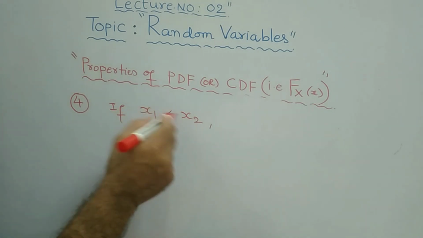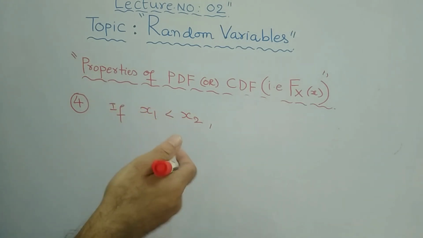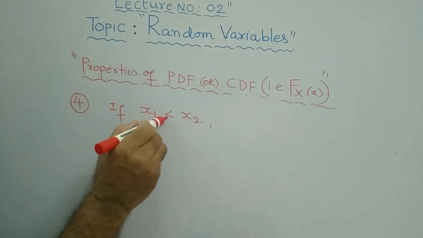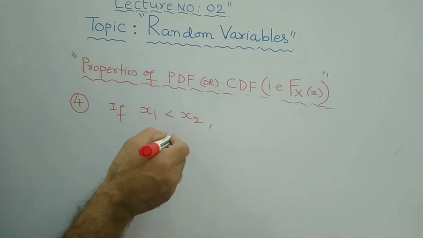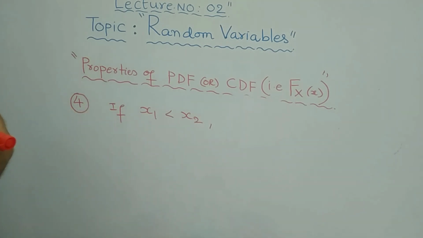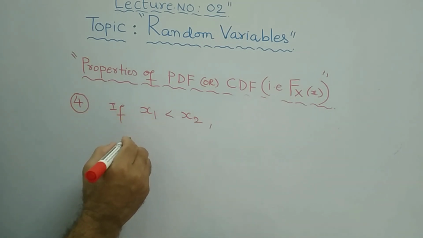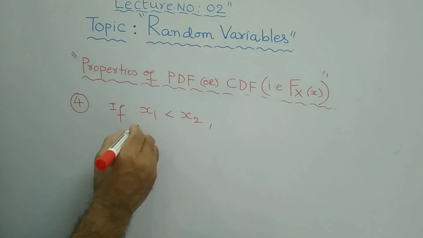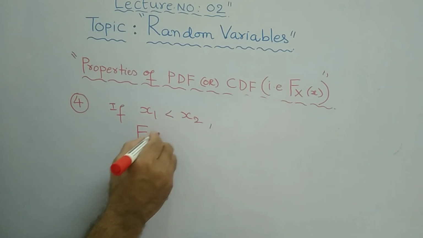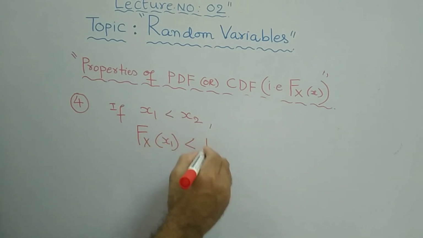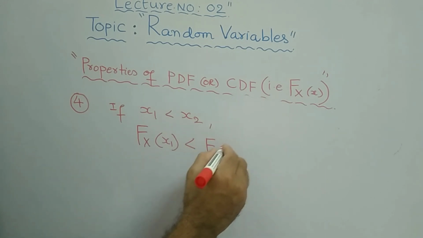Assume that x1 is less than x2. Then correspondingly, what will happen to the distribution function? The distribution function at x1, F of x1, is less than F of x2.